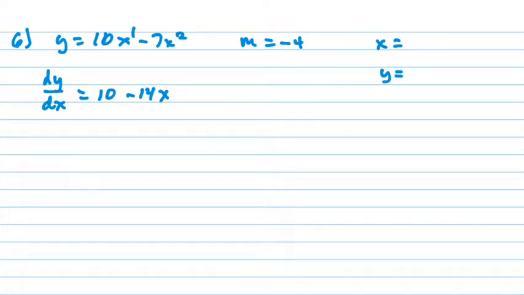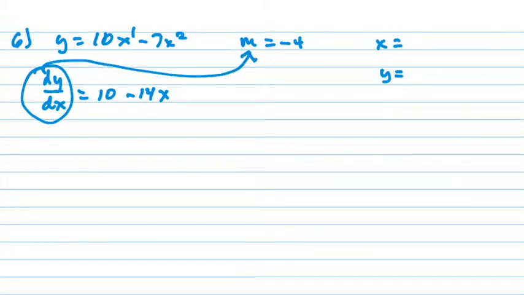So there's our derivative. This derivative notation is the same as saying m, and in this case our m is minus 4. So we'll simply replace dy/dx with minus 4. Now I'm just going to solve to find my x.